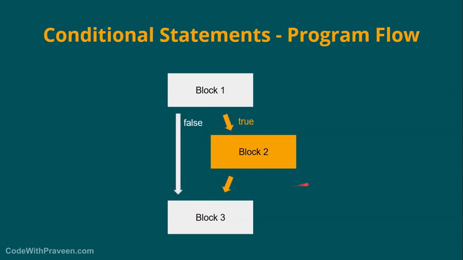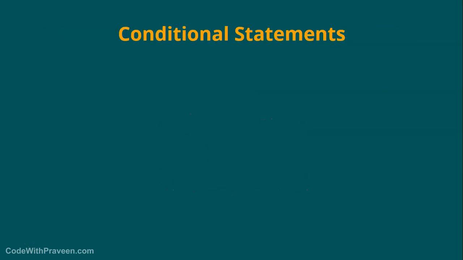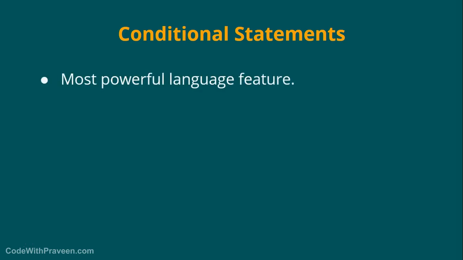So now how do you implement these specific conditional statements in a programming language? There are many ways we can implement them in a typical programming language. Before we move further, I just want to make some points on these statements. The first is, these conditional statements are the most powerful language feature. Personally, I like these conditional statements a lot.